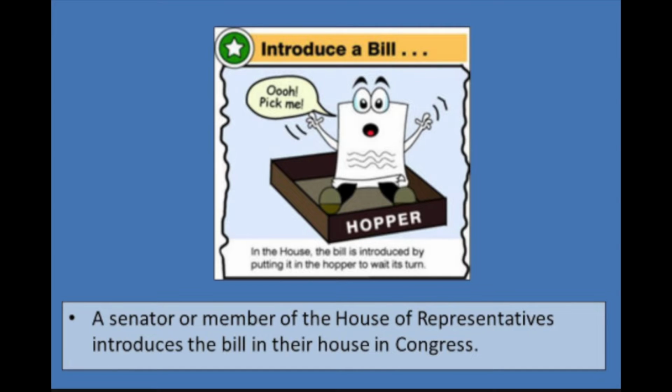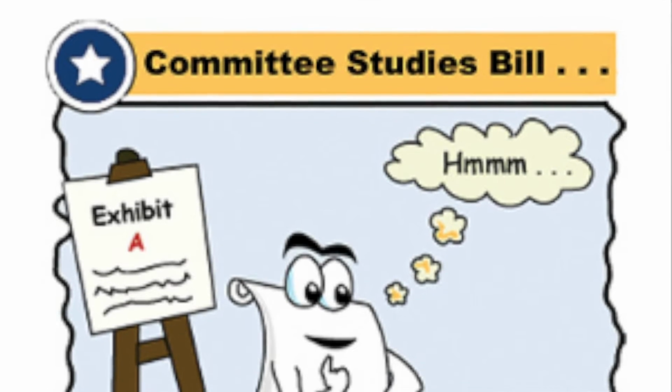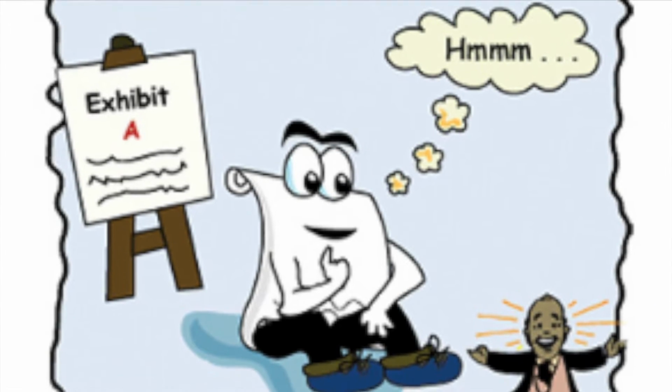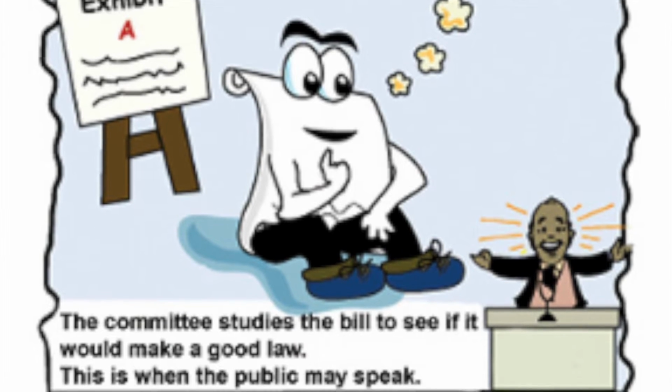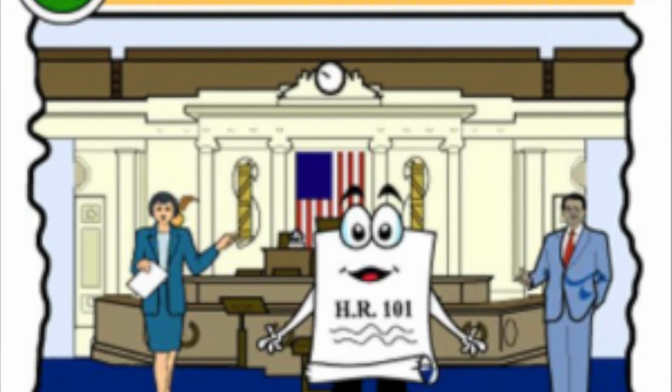First step is the bill is introduced either by a senator or a representative. Next, it is sent to the committees for review. After that, it is debated on the floor of each house.